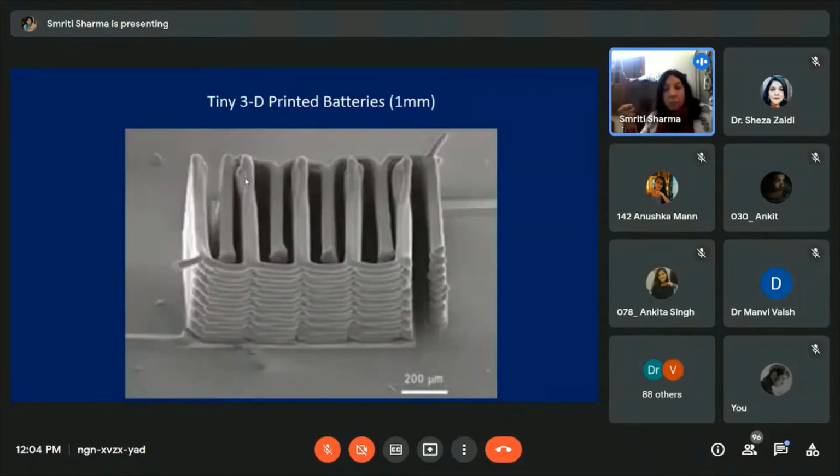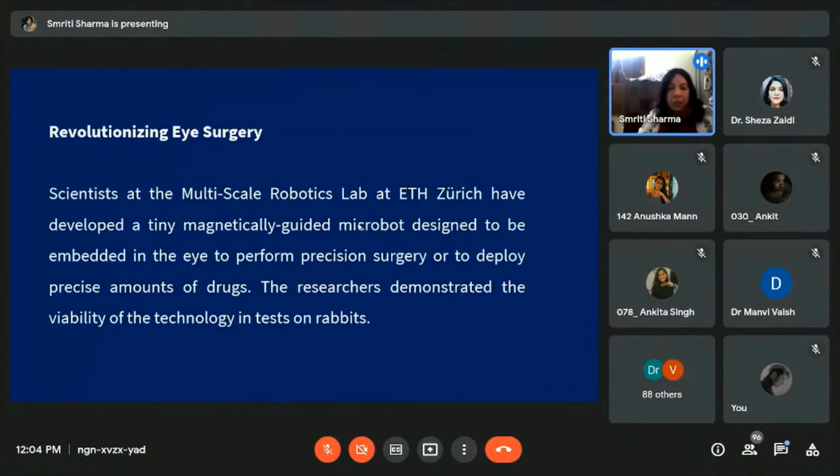And then batteries, tiny 3D printed batteries of 1 millimeter size across. This is also an invention that is really very important, and it has absolutely revolutionized eye surgery. And the latest is that they are designing a magnetically guided microbot that can be embedded in the eye.